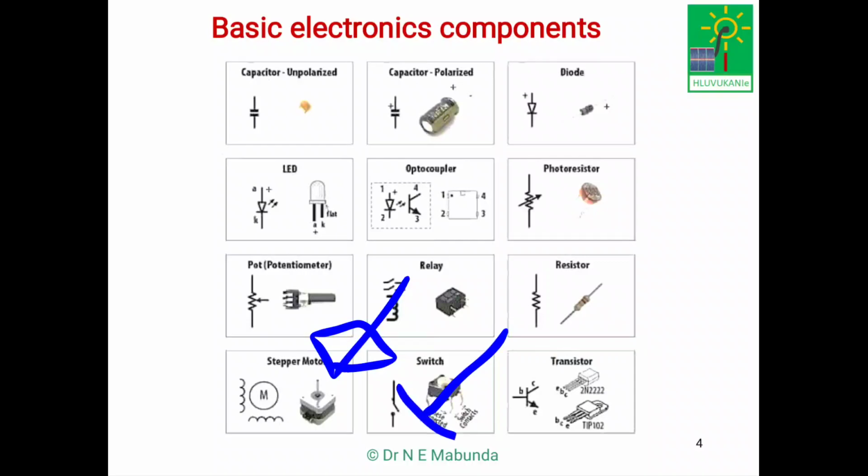And we have a switch, a switch at the wall near the frame of your door where you switch on lights. That button which you press up or down. When you press the top part it is off, when you press the bottom part it is on. The light switch is a switch. This one we already discussed, transistor.